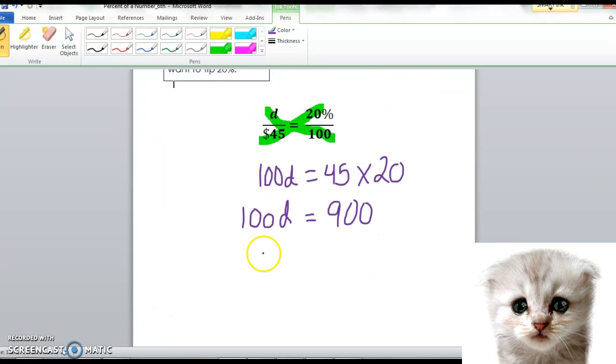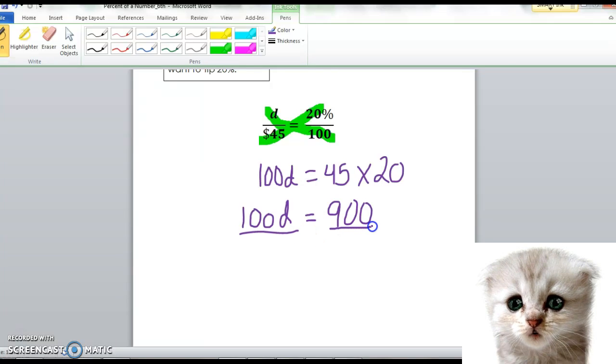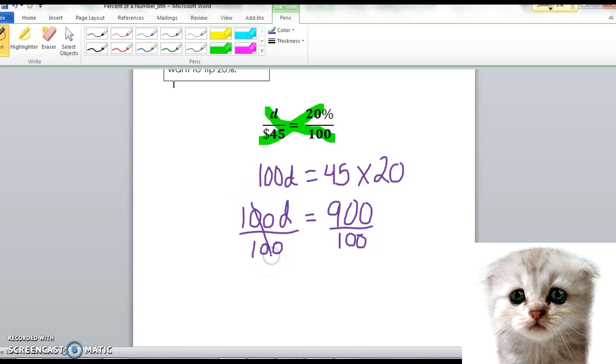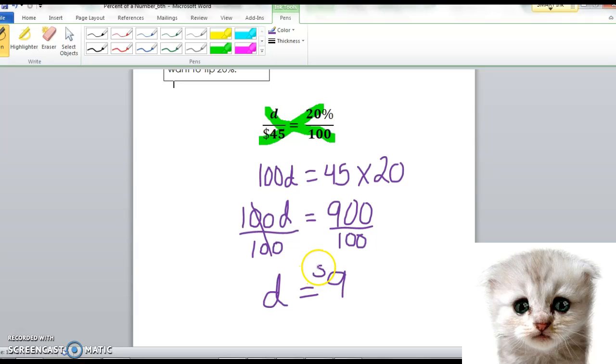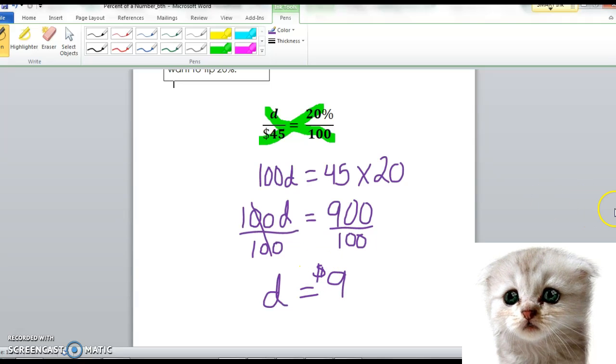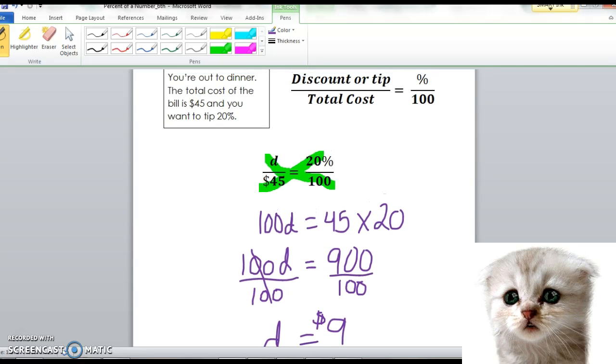Then in my last step, I'm going to divide both sides by 100. 100 divided by 100 is just 1, so they cancel out. And I'm left with D equals 900 divided by 100, which is 9. In this case, $9. So that means I would leave the waiter or waitress an additional $9 for tip.